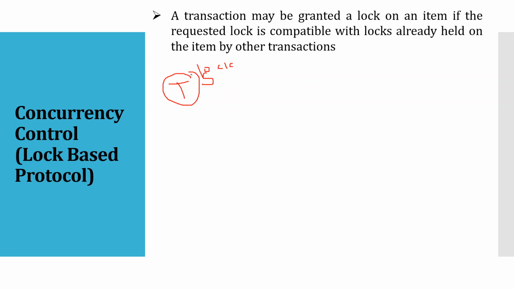So I already have lock S on this particular data item, that is, T1 has this lock S on this particular item T, right? And then T2 comes, and T2 also wants this particular data item, and it is asking for lock X. So now the transaction will be given lock access only if it is compatible.